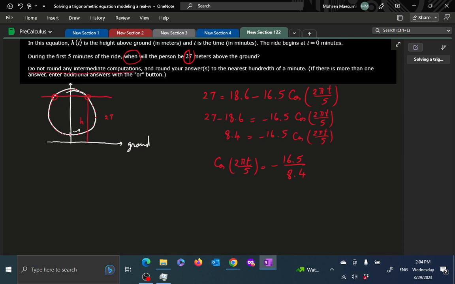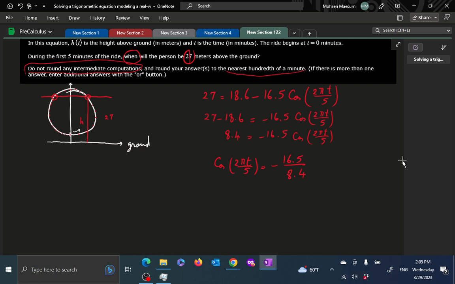Yeah, it gives us a little bit of a warning: do not round any intermediate computations. What that means is that if you divide this on your calculator, you're likely to keep just one or maybe at most 2 decimal places, and then at the end you could end up shaving a little bit off of your answer. This is asking you to get your answer to the nearest hundredth of a minute.